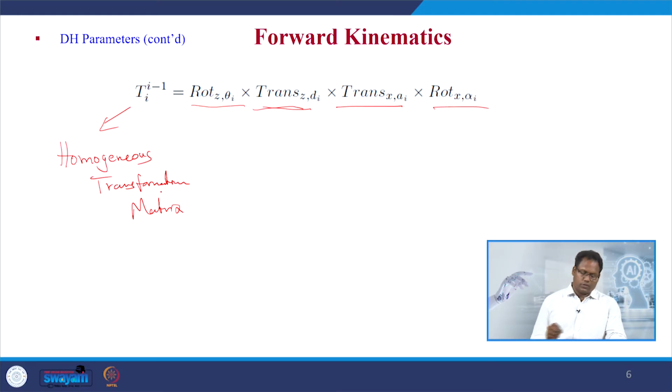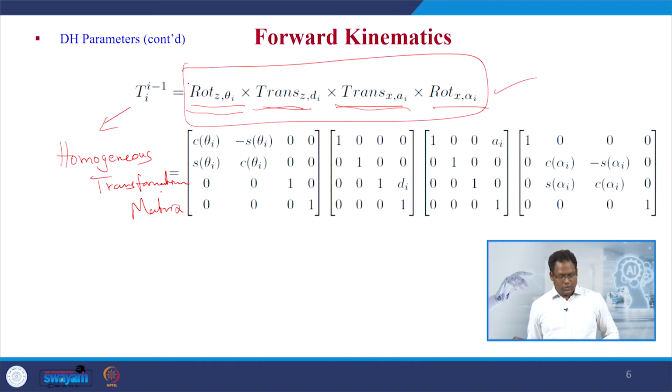More accurately, it is first having the rotation around z axis by an amount theta i, then translation along z axis by an amount di, then translation along x axis by an amount ai, and finally rotation around x axis by an amount alpha i. With this combination we can get the homogeneous transformation 4 cross 4 matrix.